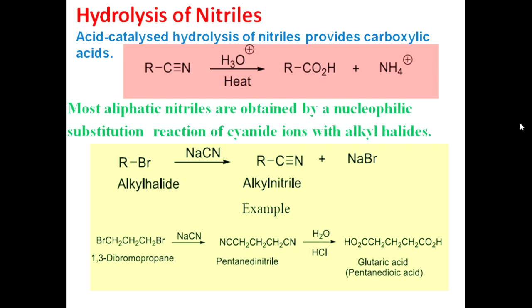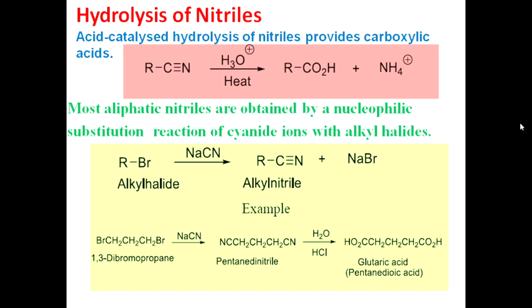In this case, the nitrile group undergoes hydrolysis and ammonia gas or ammonium ion will form. Most of the aliphatic nitriles are obtained by a nucleophilic substitution reaction of alkyl halides with cyanides. So, this is a very important reaction where carboxylic acid can be prepared from alkyl halides via the cyanide reaction.